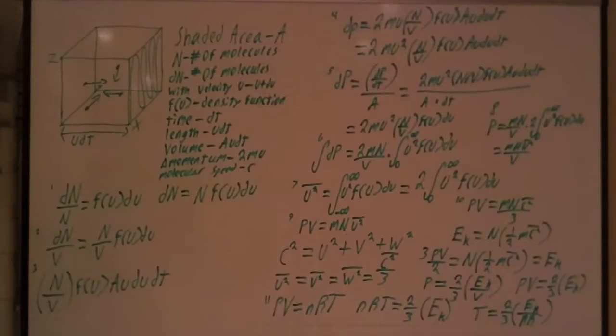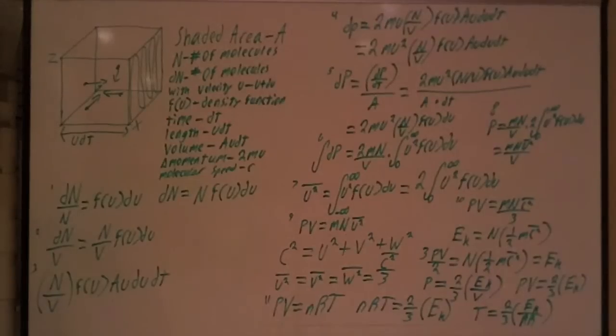Now, these molecules in a certain time dt will collide with the surface, where dt is just simply a change in time. So the volume that these molecules go through can be represented by the area times the distance that they go through. This distance will be u dt.